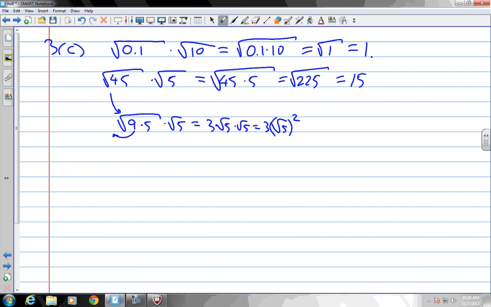You have 2 square roots. So what is the square root of 5 squared? 5. So this is 3 times 5, which is still 15. Now, it worked this way because you're ending up with identical radicals, which is easy to compute. But this is the more standard way. Just push them together, end up with a perfect square, and then take the square root.